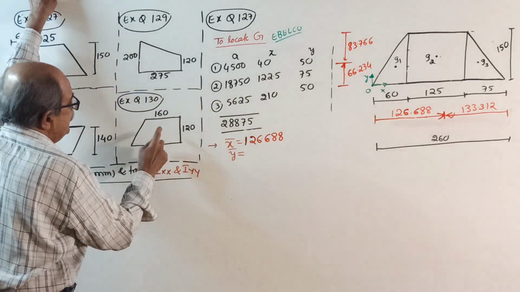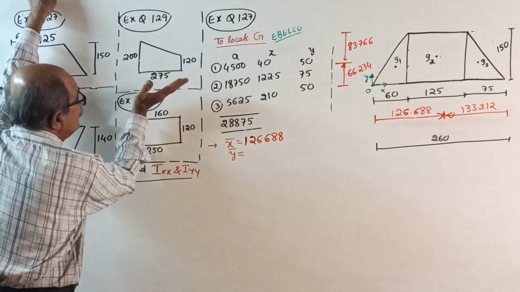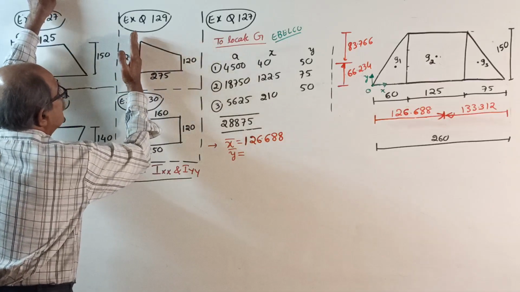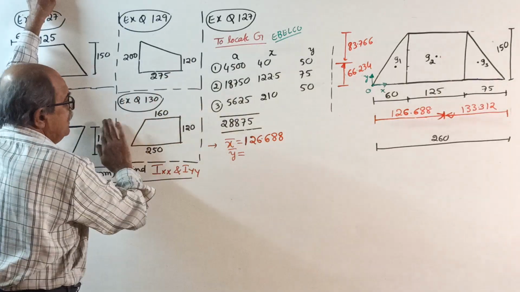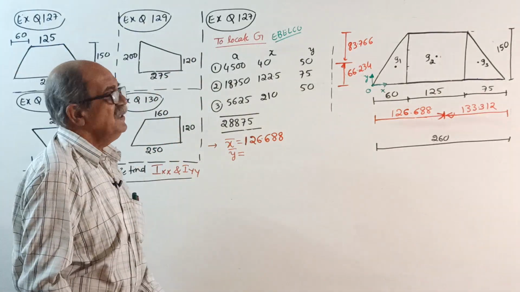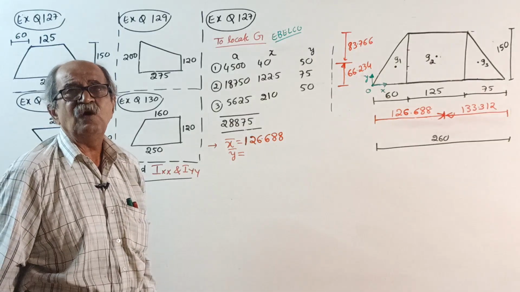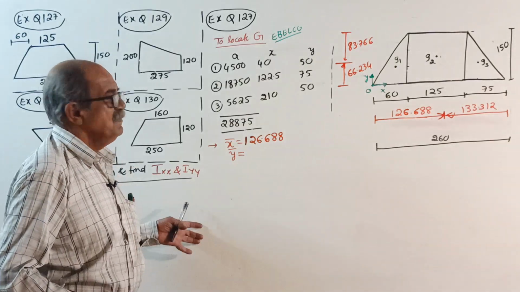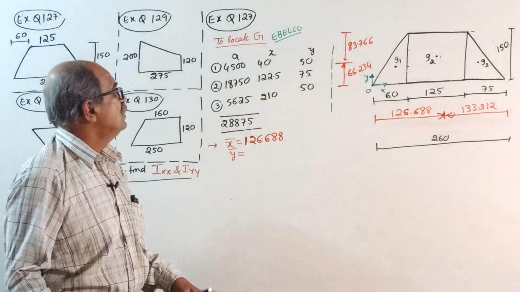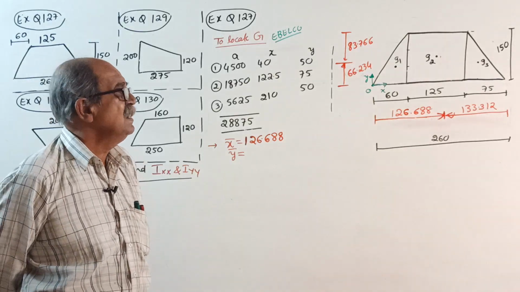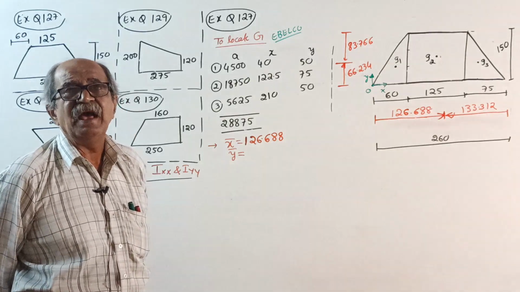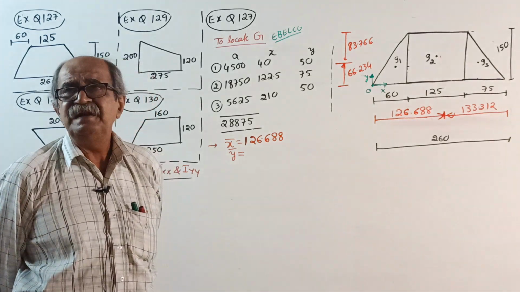In this question again, parallel sides are vertical, so y bar directly, and x bar you have to calculate. That is for those who know the extra concept. But still, I will solve for ordinary people. So everywhere I will go for x bar and y bar calculation unless there is a symmetry axis. If symmetry is there, direct location.